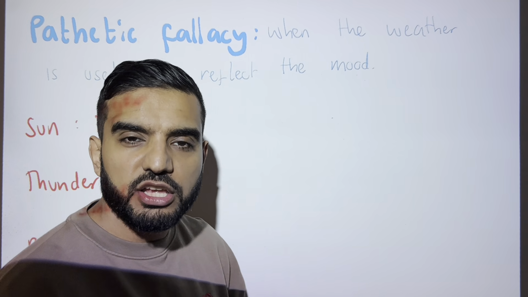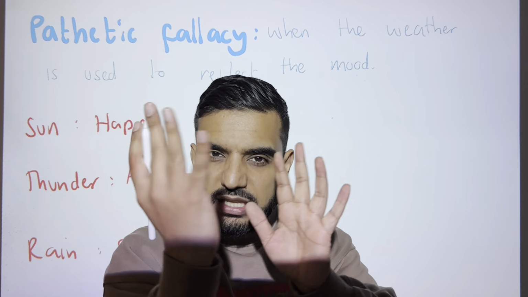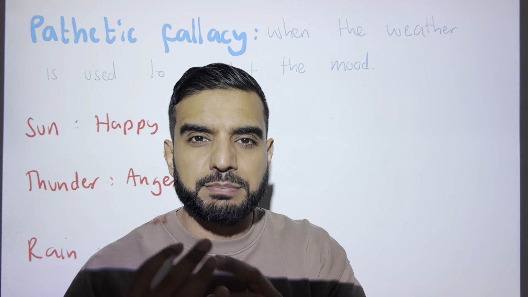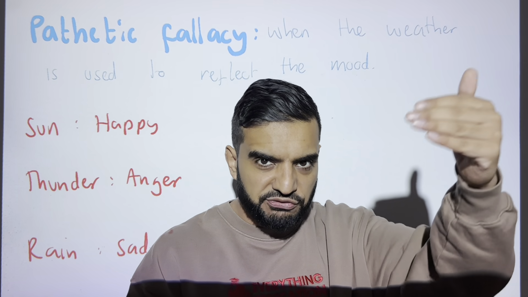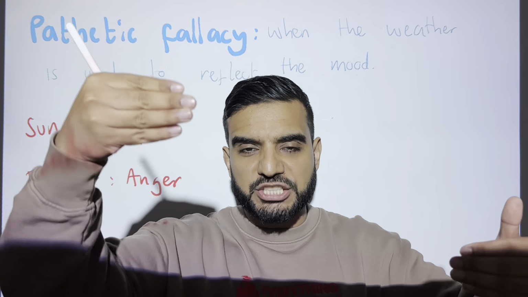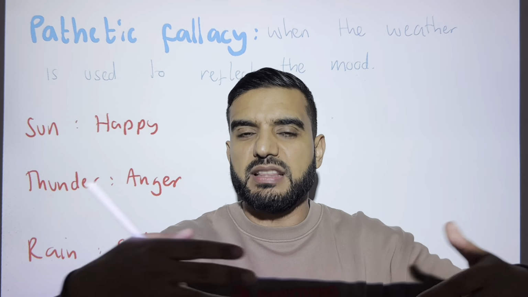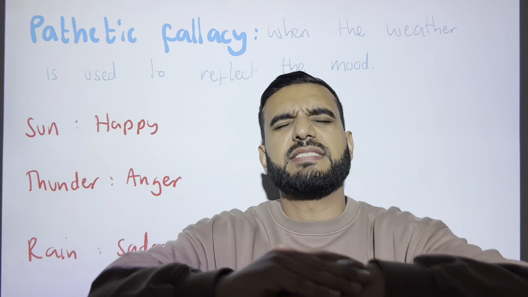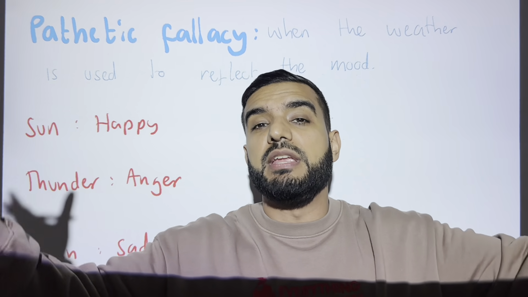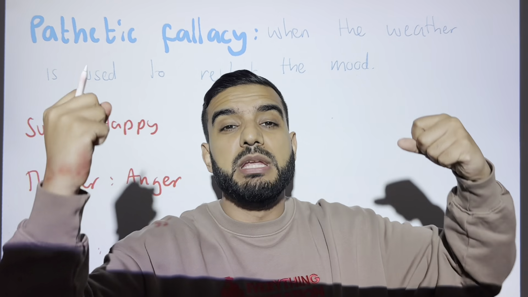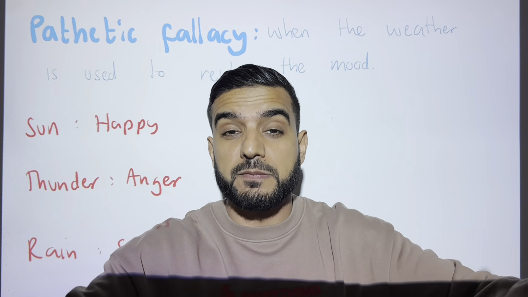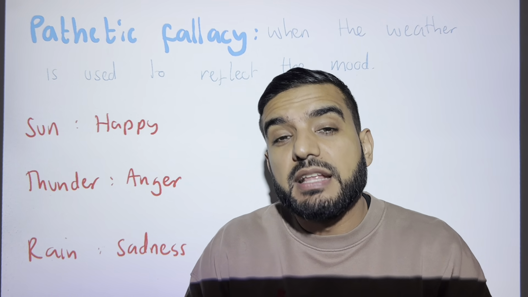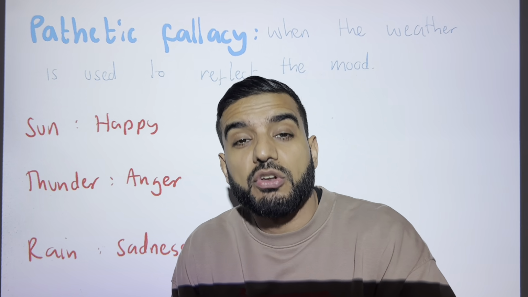The fog can be used to show that something evil, mysterious is about to happen. But you get different weather conditions that match different moods. Now, this is just like a typical, right? So when the sun is shining, everyone's happy, people are having barbecues, people are getting married, life is good. When the rain is falling, sad, depressed, lonely.